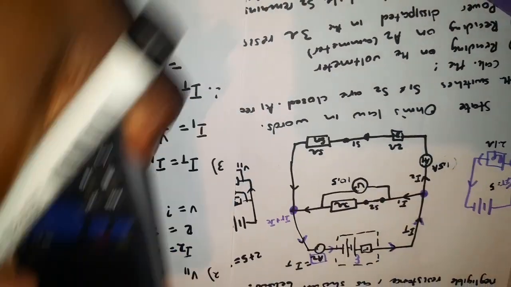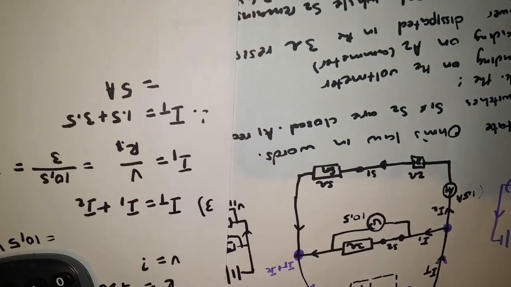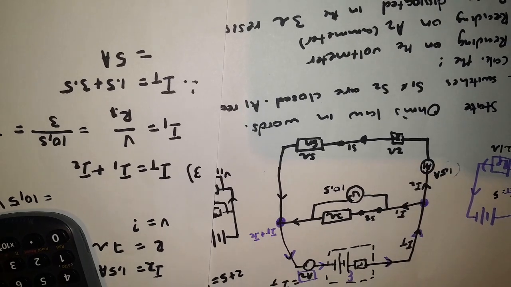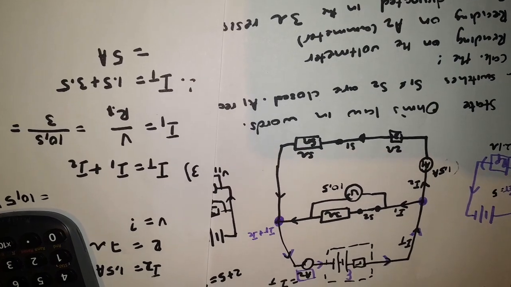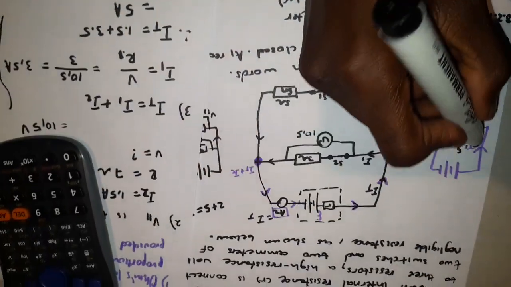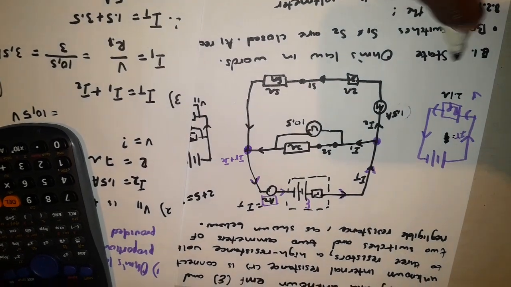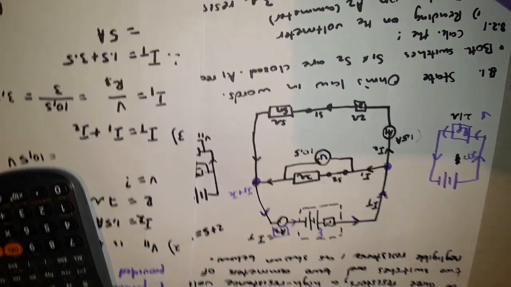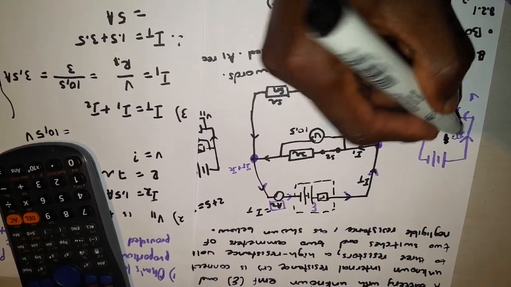So we can just use all our totals of the external circuit. Since we are solving for that, we're going to use our voltmeter reading, since it's the same in parallel. So we know it's 10.5 volts.